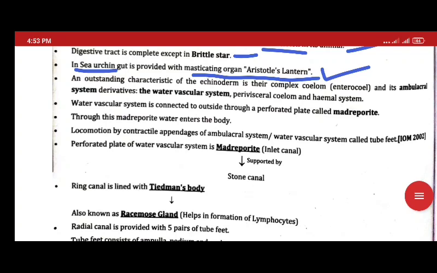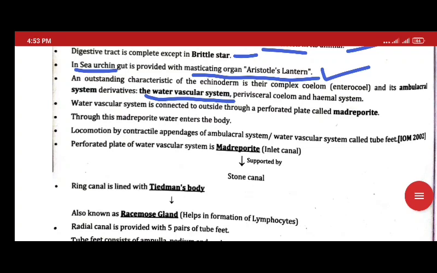It also has an ambulacral system. You should know that in Echinodermata the main characteristic is the water vascular system. Don't be confused between the water vascular system and the water vascular canal. The water vascular canal was present in Porifera, the first phylum, and in the last invertebrate phylum we have the water vascular system here.